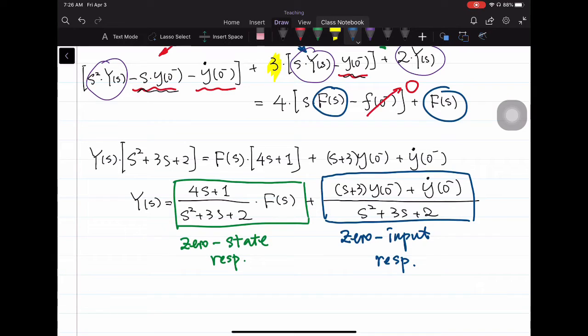And apparently what we have just done here is we introduced a new method to calculate the zero input response and zero state response of an LTI system through Laplace transform.